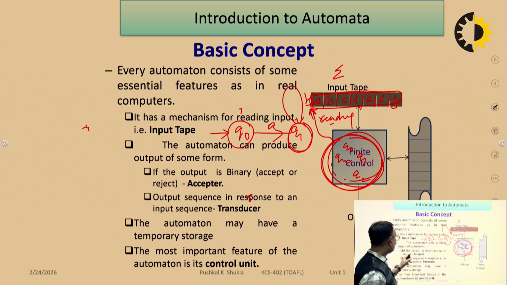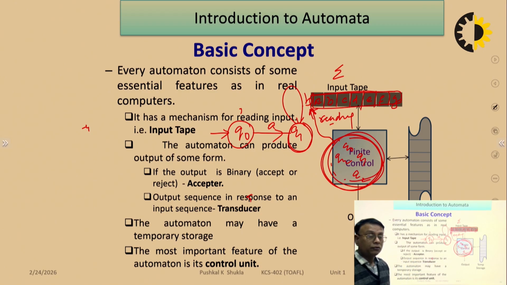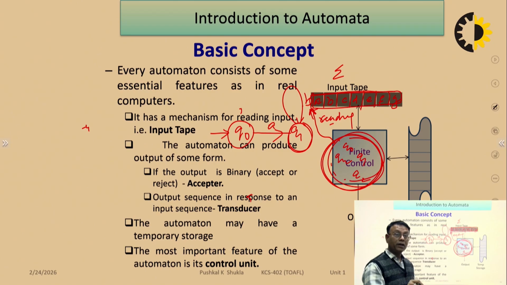If the automaton gives a binary response, accept or reject, then it is known as an acceptor. If the automaton produces an output sequence in response to an input sequence, then it is known as a transducer. The automaton may have a temporary storage. And the most important feature of the automaton is the control unit. The control unit is initially at the Q0 state, and after reading input from the input tape, it moves to the next state.